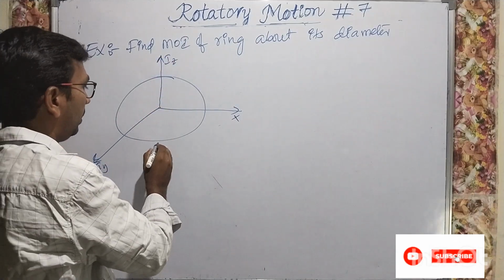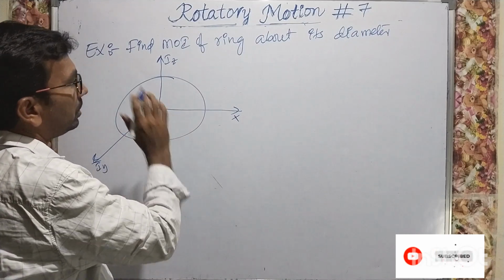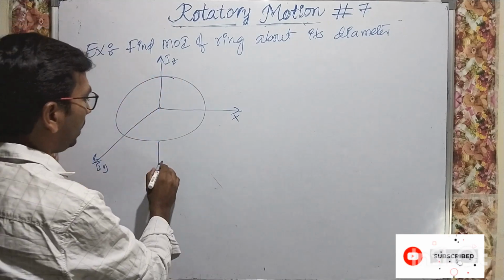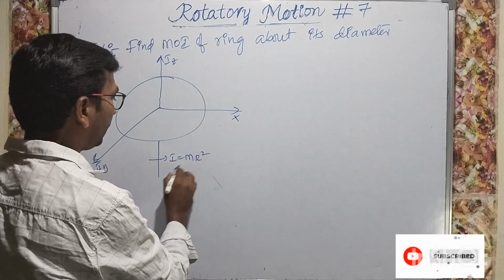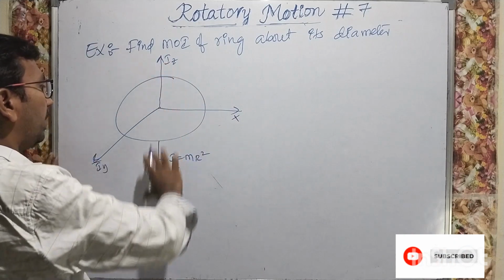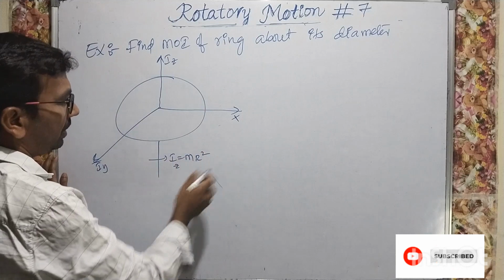It is perpendicular to its plane. Iz is perpendicular to its plane. So we know for a ring, Iz is equal to mr square. Exactly perpendicular to the ring, we know the formula Iz is equal to mr square.